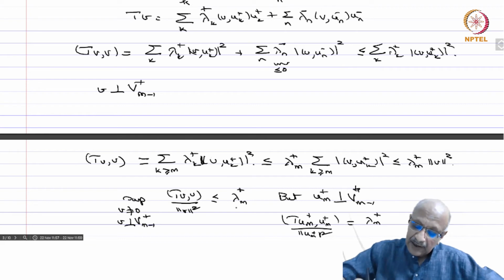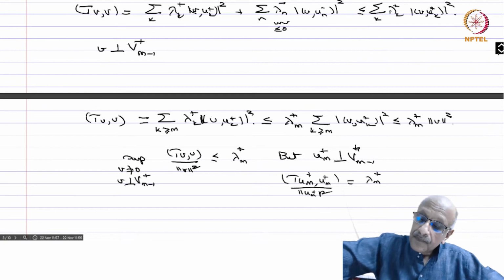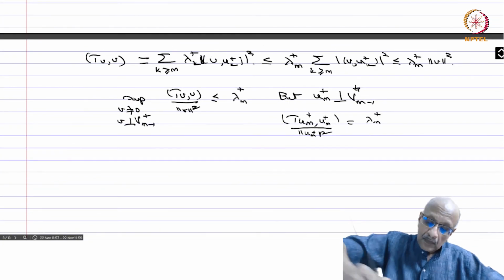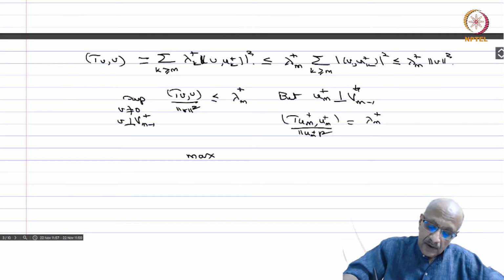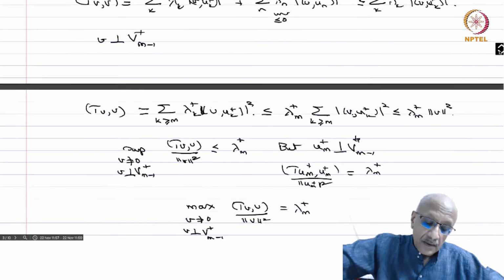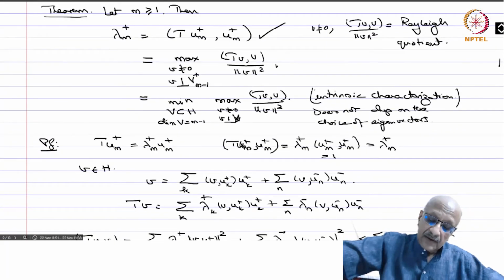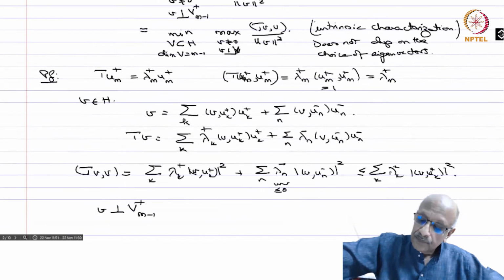So there is an element for which this is attained, and therefore you have the max over v not equal to 0, v orthogonal to V_{m-1}^+, of <Tv, v> by norm v squared equals lambda_m^+. That is the second statement which we have.